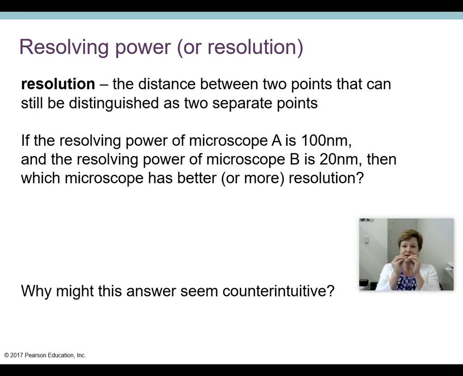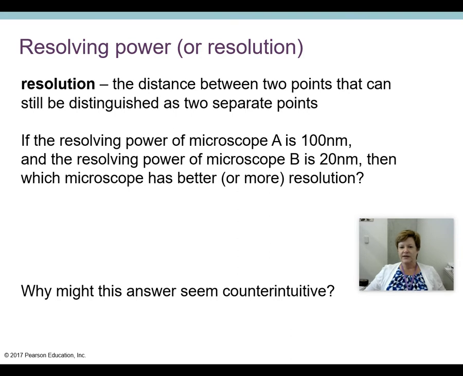Even that would be pretty close. But let's say from the space station, you could say that the light from Dallas and the light from Fort Worth is just barely two separate points. That would mean that the limit of your resolution is about 30 miles, whatever the distance is between those things. So the limit of your resolution is called your resolving power.